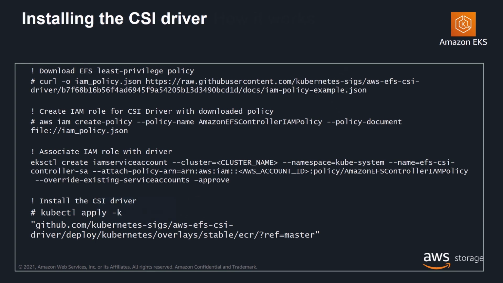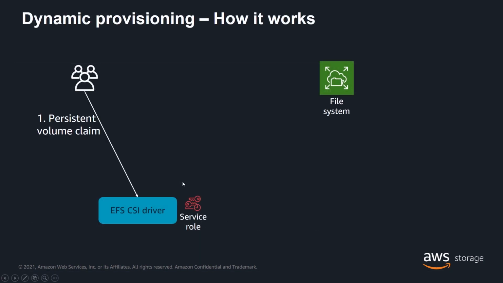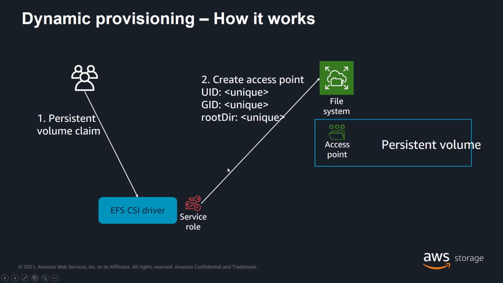With dynamic provisioning, you create a storage class that points to an EFS file system, and when users create persistent volume claims, instead of being allocated something that you already had to create, the driver will go to the file system, create an access point in that file system, map that to a dynamically created persistent volume, and then give it to the user. So you have completely taken away all of the provisioning steps needed to get up and running, which significantly reduces the time to get started.